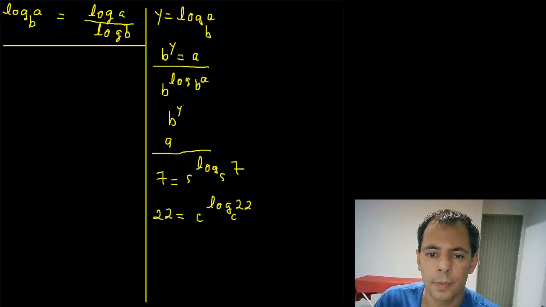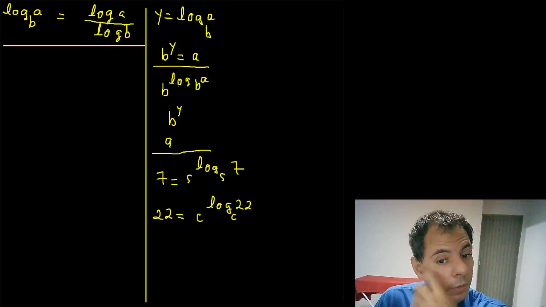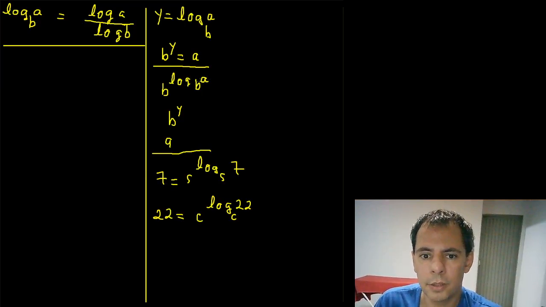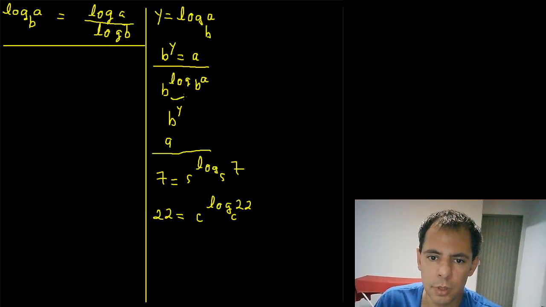Now, let's just say that you know that the base of the logarithm is b. Let's just say that you get another b, and you take this b to the power of log of a to the b. What does that mean? That means that these two bases here are the same, b and b.